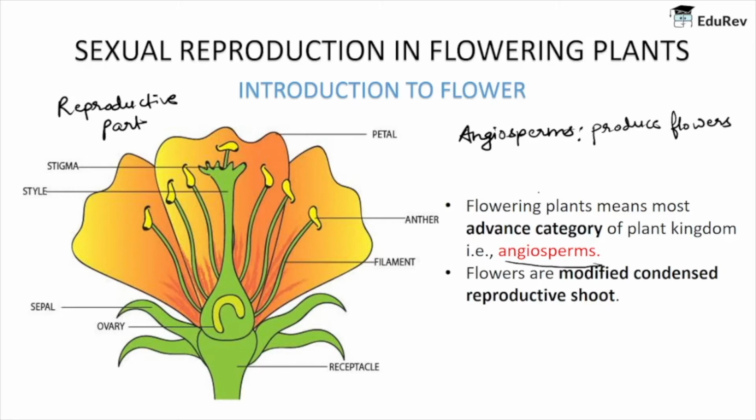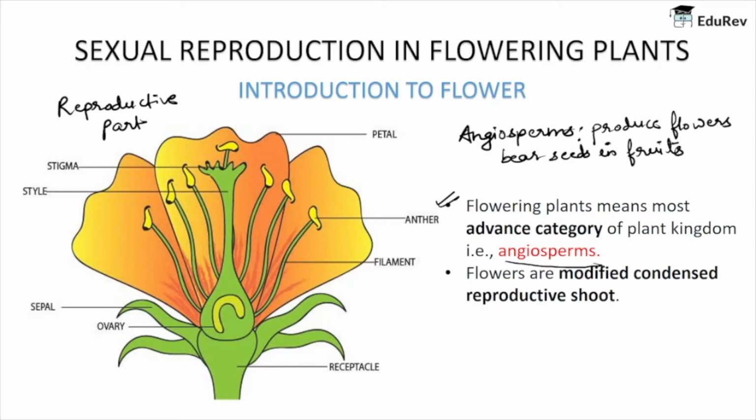And also, they bear seeds in their fruits. So such kinds of plants are considered as angiosperms, and that is why the flowering plants are called angiosperms, which are quite an advanced category.